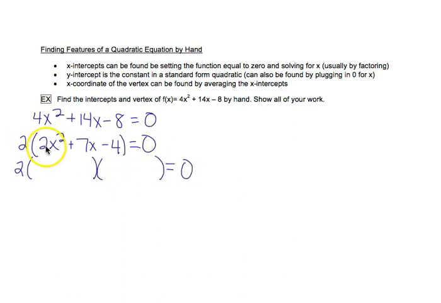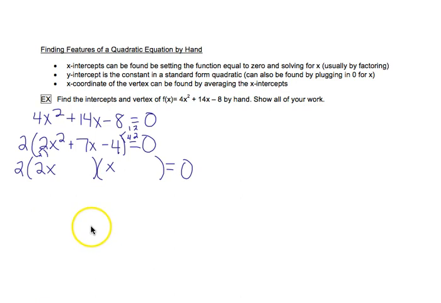So when I'm guessing and checking, that means I'm taking the factors of 2 and putting them in the front. And then I'm taking the factors of 4, so that could either be 1 and 4 or 2 and 2, but we need to switch out those negative signs. So I know for sure it's going to be a 2x and an x. So that I'm really confident about.